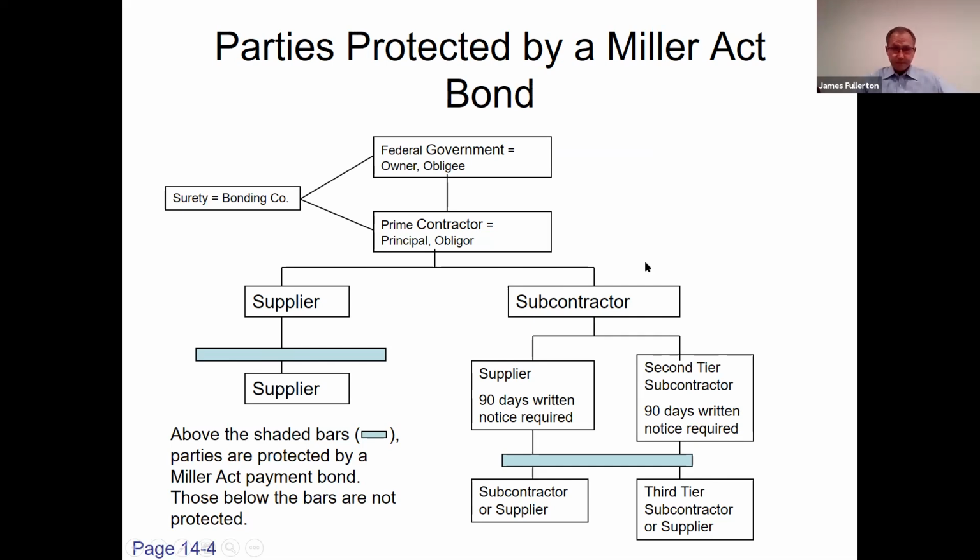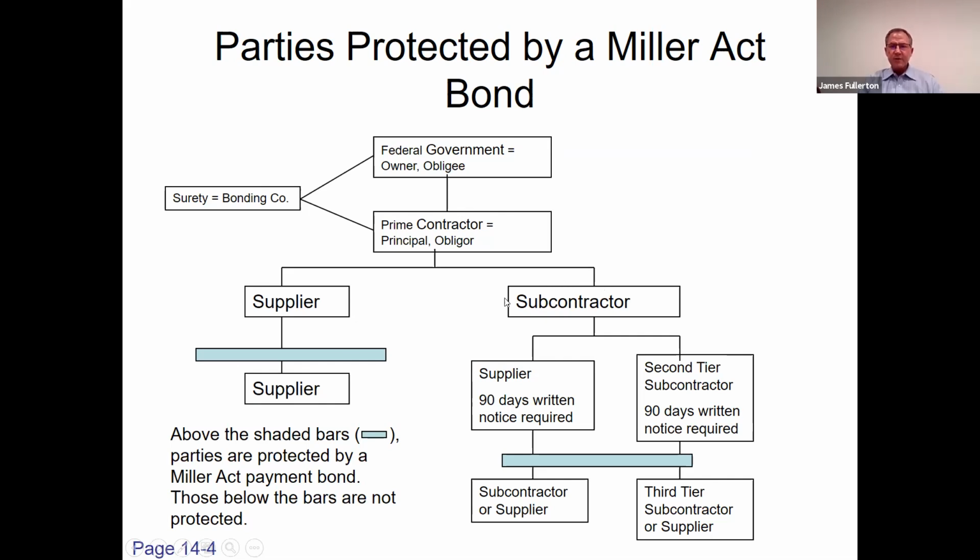That notice is sent certified mail, typically by the second tier sub to the general contractor. We'll talk about the claim notice in detail later, but they are required to provide notice, and a supplier to a subcontractor is required to provide notice within 90 days of their last work.